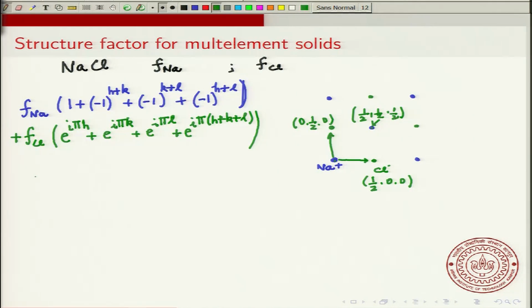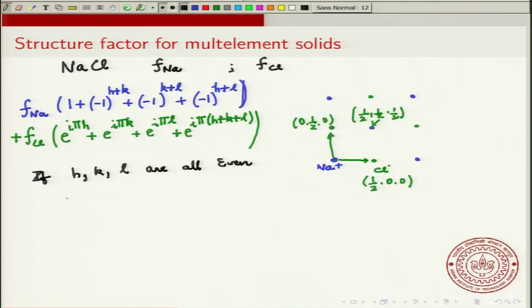So, for example, if h, k, l are all even, then each of these terms will be 1.